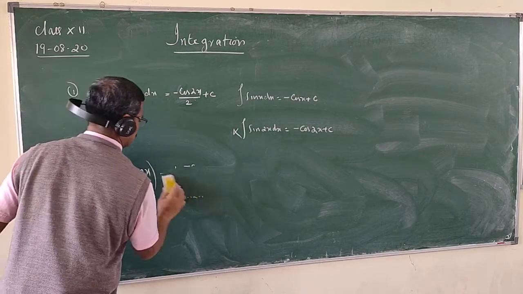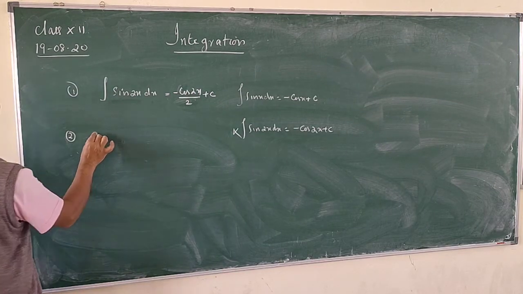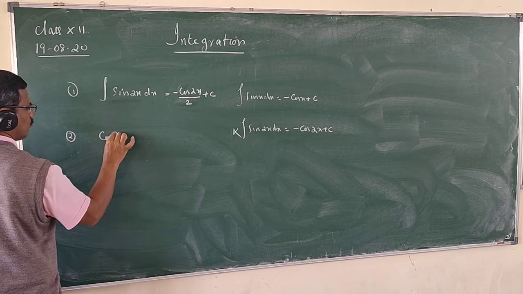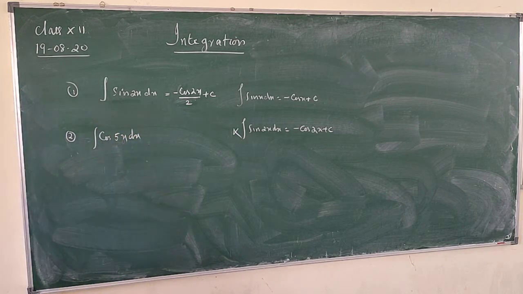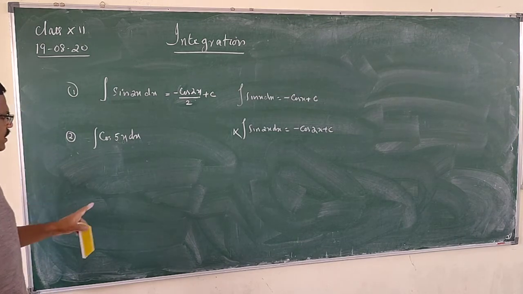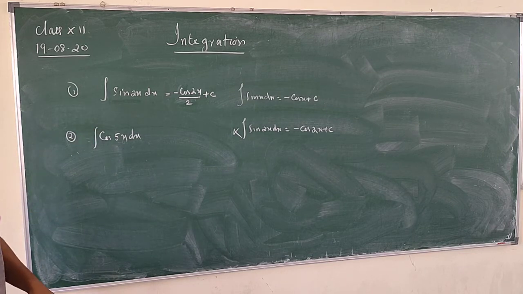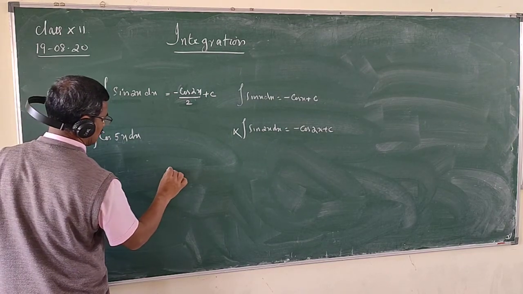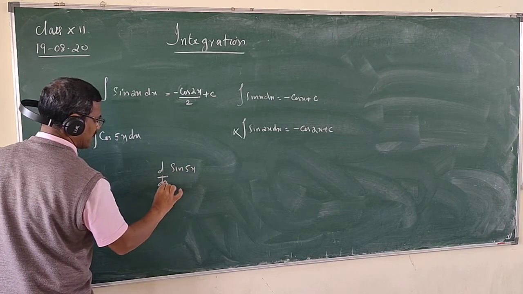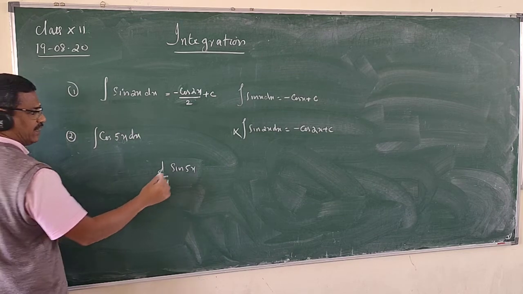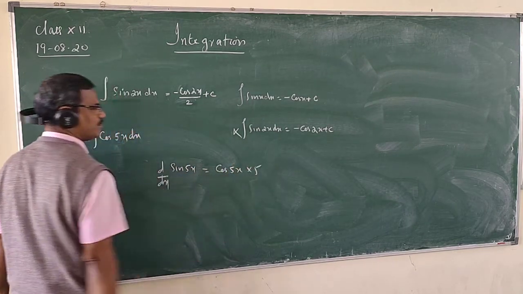Now listen to another. Let me see about cos 5x. I want to find the integral of cos 5x. We have to think about a function which gives its derivative as cos 5x. We know the derivative of sin 5x, d by dx of sin 5x, is cos 5x into 5.